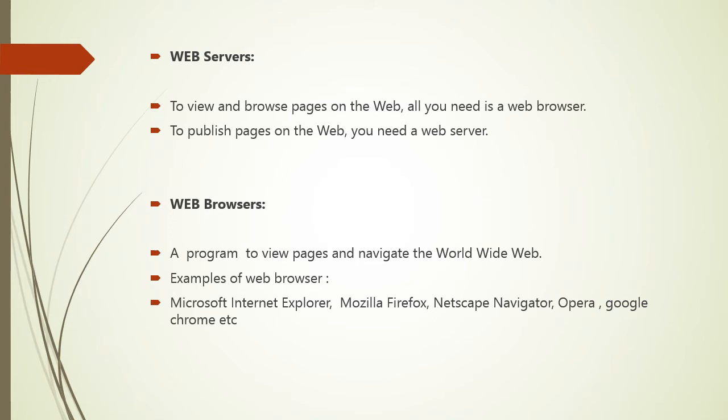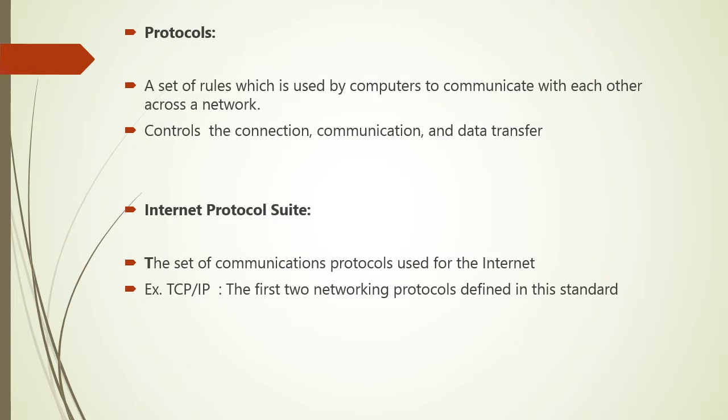As the term suggests, we need a web browser for browsing various pages and navigating the World Wide Web. Lots of web browsers are available, for example Mozilla Firefox, Opera, Google Chrome, Microsoft Internet Explorer, etc.